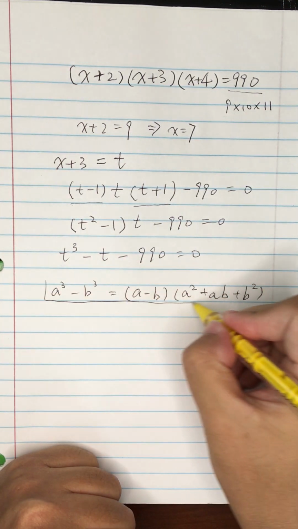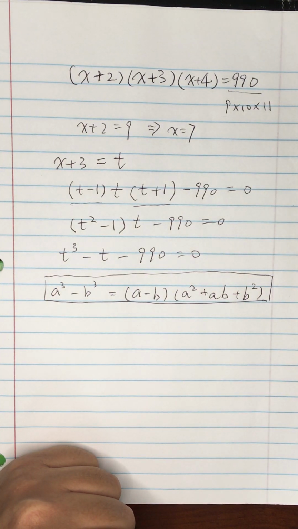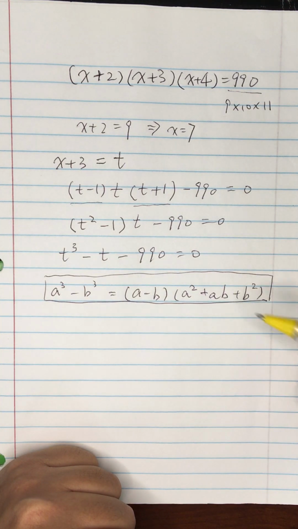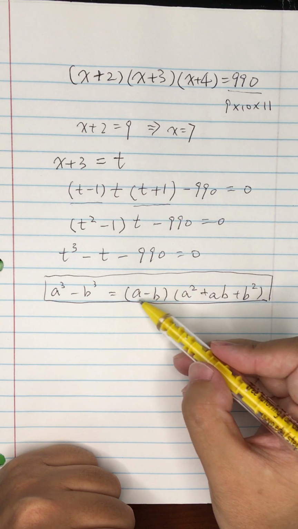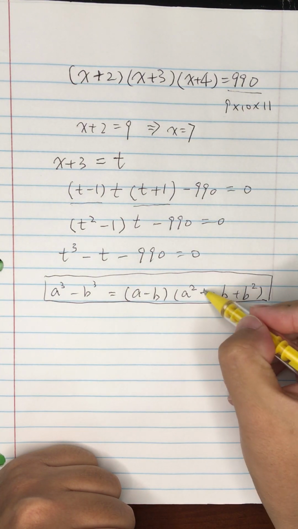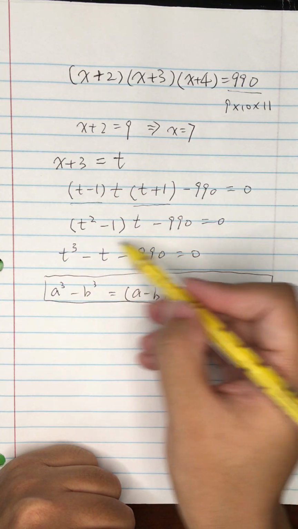That's one of the important things to remember. You can factorize this kind of thing into this kind of thing, right? If you don't believe me, you can expand the right hand side, and then you're going to end up with the left hand side, right? And here we can try to apply this formula.